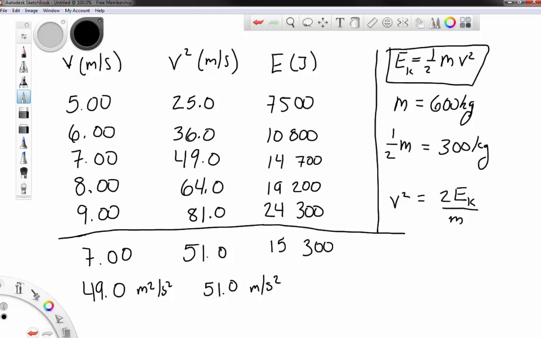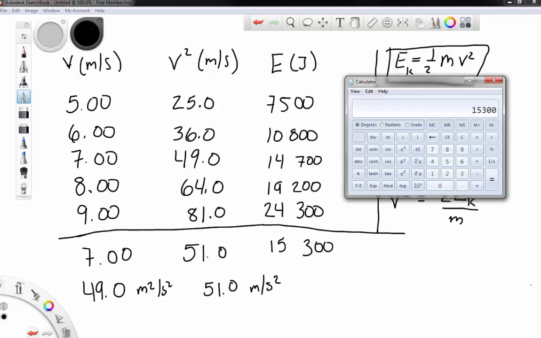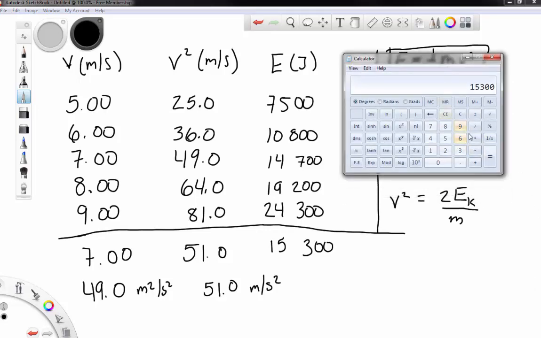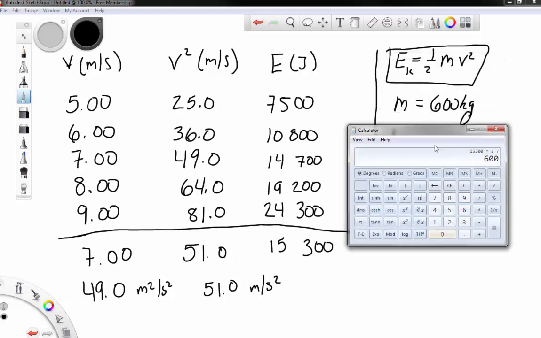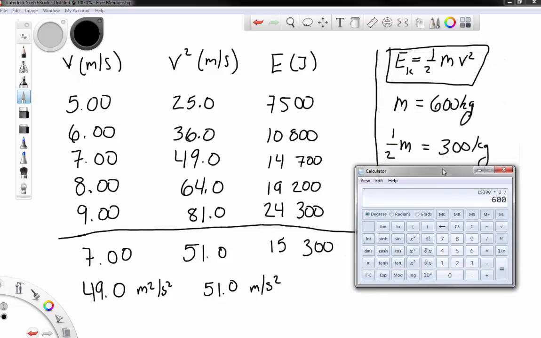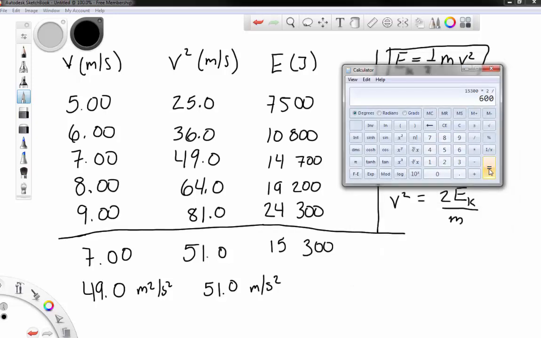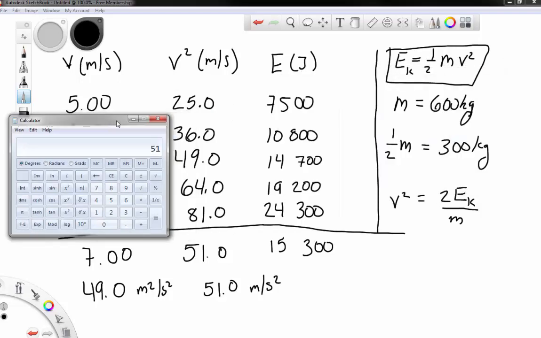Let's pull up the calculator again. This is the energy in question. We're going to multiply that by 2, and then divide that by the mass, which is again 600 kilograms. Remember, the mass is 600, half the mass is 300. Okay, and what we get is 51.